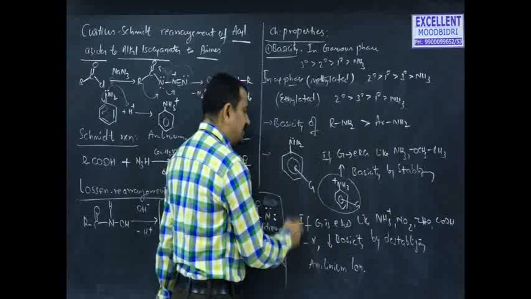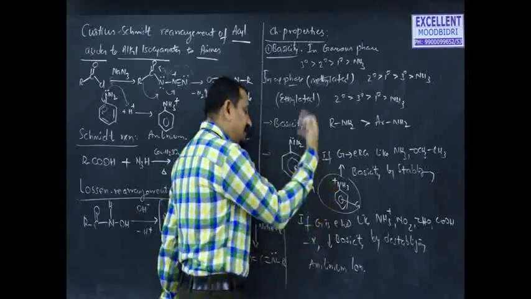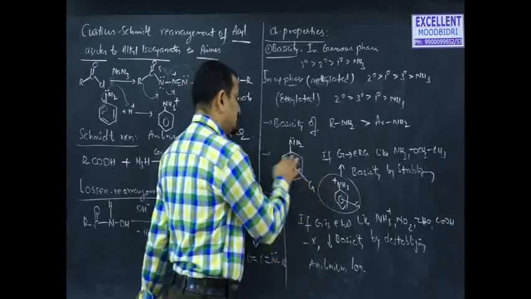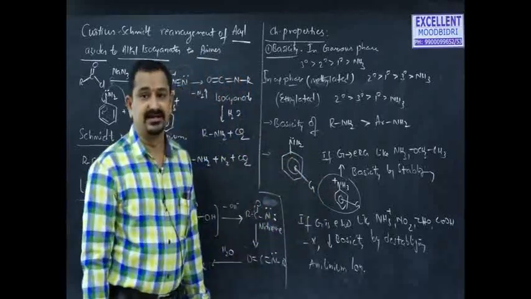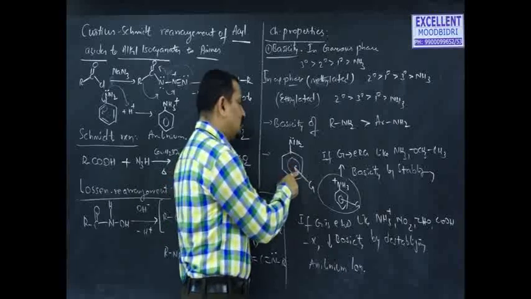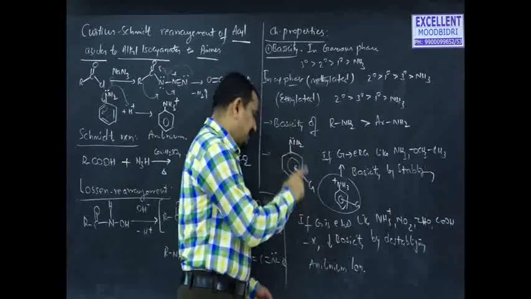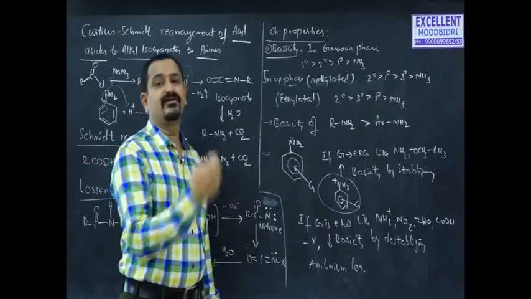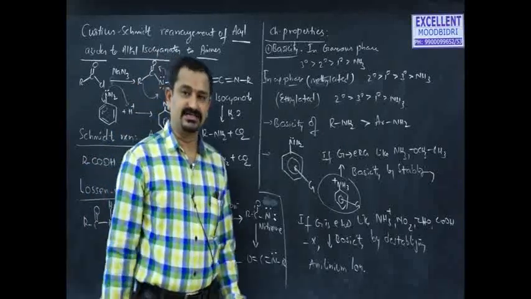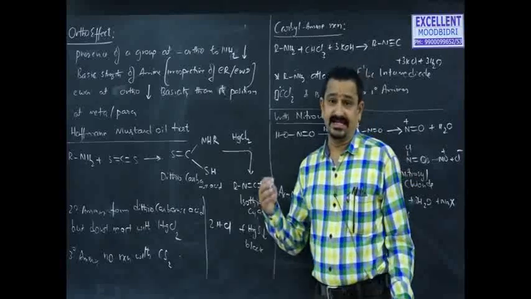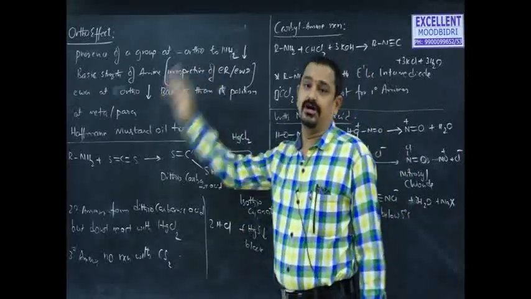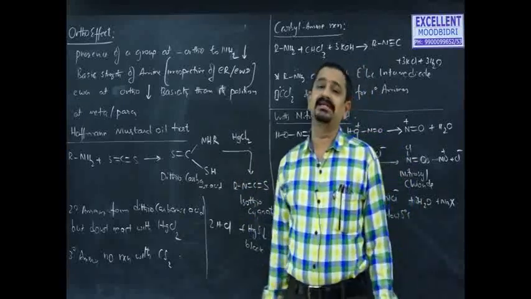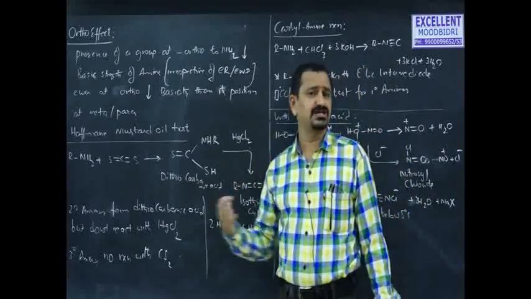And if the group is an electron withdrawing group, it increases the plus charge on NH3 plus and destabilizes the anilinium ion, so it decreases the basic character of aniline. In that way, electron releasing groups increase the basic character and electron withdrawing groups decrease the basic character of aniline. In this context, we need to discuss the ortho effect, which plays a major role in the properties of amines, especially the basic character.